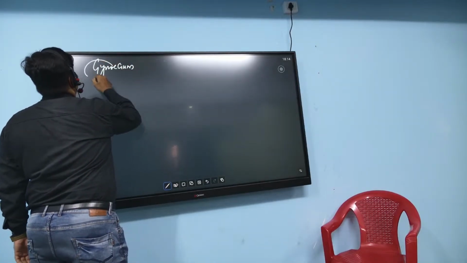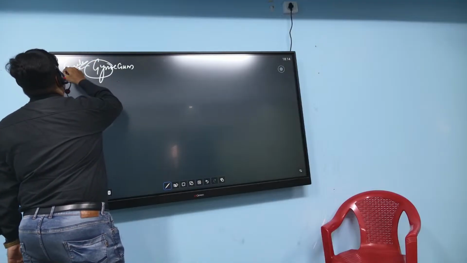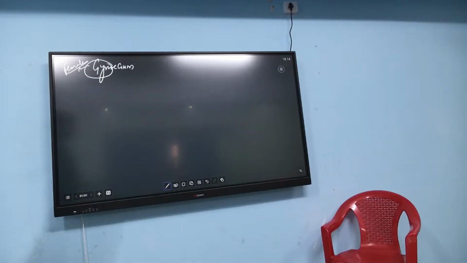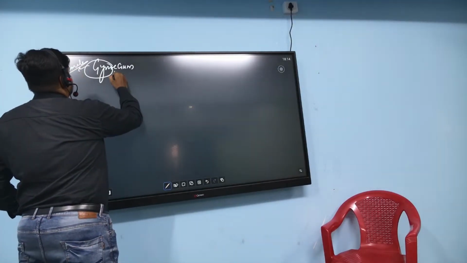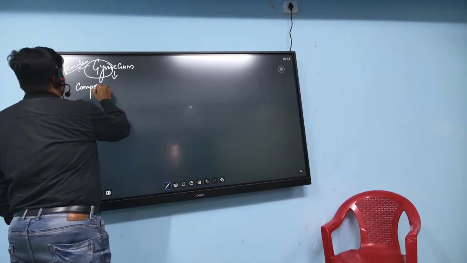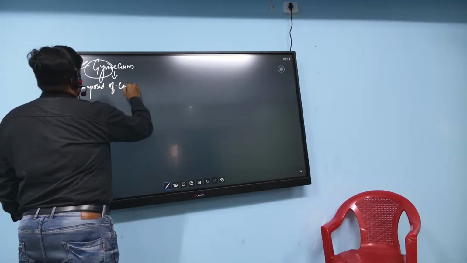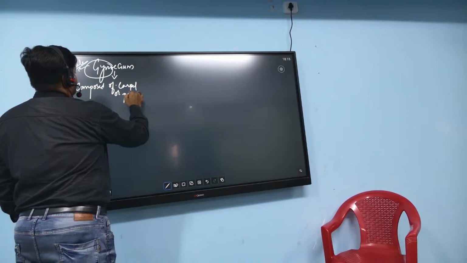Yes. Gyno means female. Okay? Gyno means female. Gynoecium. So here, when we talk about the gynoecium, this gynoecium is composed of carpel or pistil.